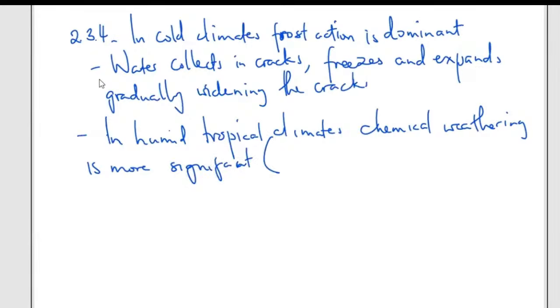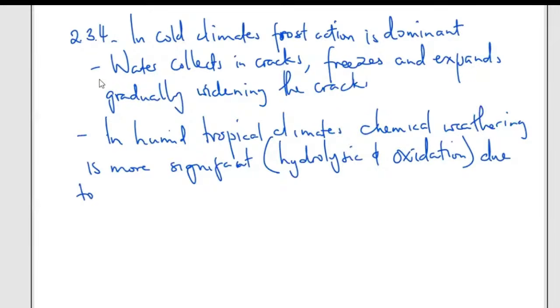Our main types of chemical weathering, we are mainly interested in hydrolysis and oxidation, due to high temperatures and moisture.